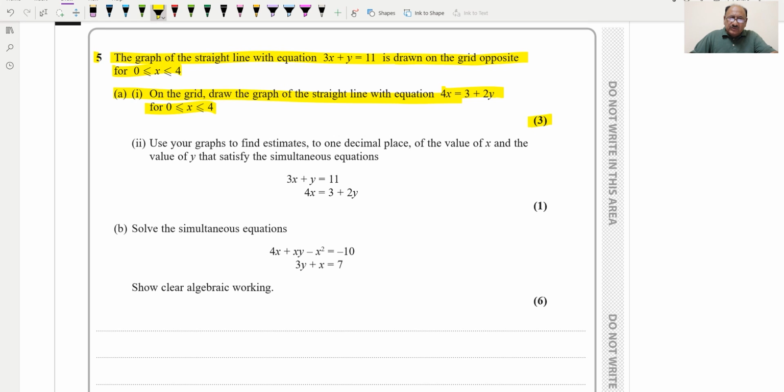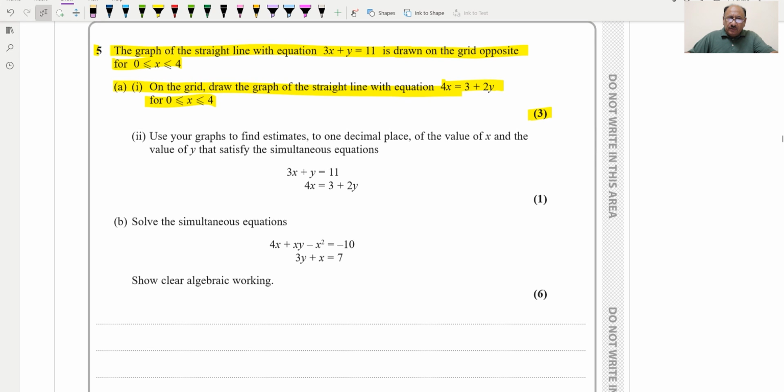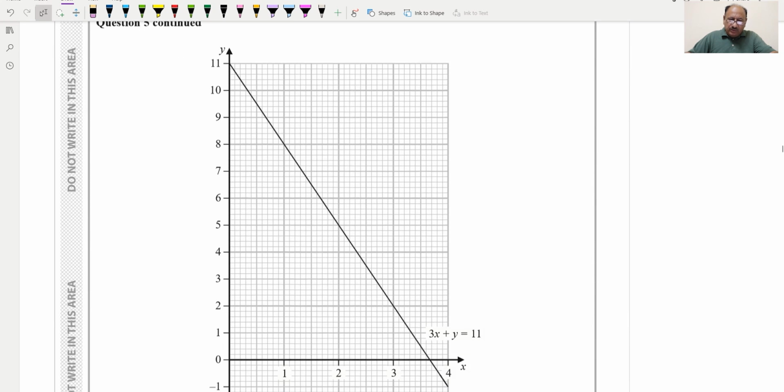4x plus 3y. So what we can do, we can write the equation, 4x is equal to 3 plus 2y, and when x is equal to 0, y will be equal to 3 by 2. We can take the point.